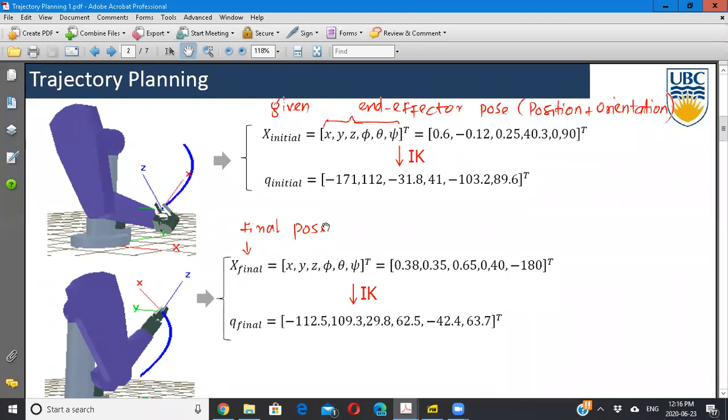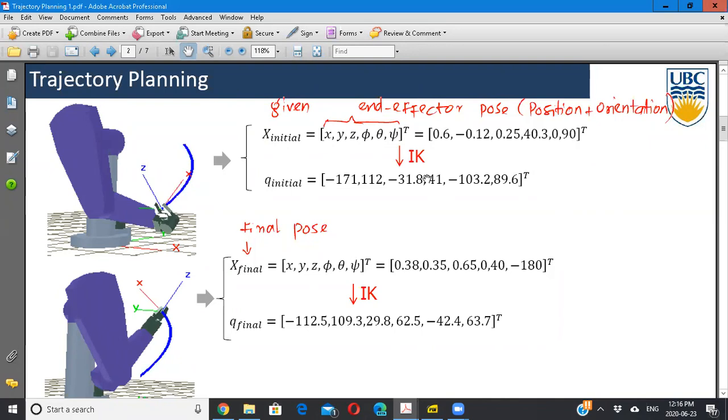And 0.25, the height along z, is 0.25. That is the x, z position. And then 40.3 about x. You see it's rotated about x. Look at this end effector in degrees, and 0, no rotation about y, and 90 degrees rotation about z.